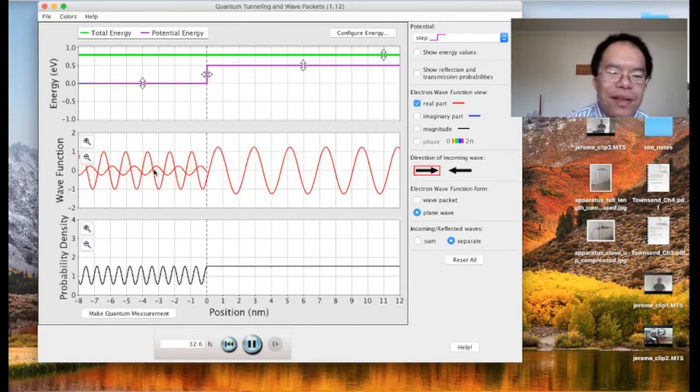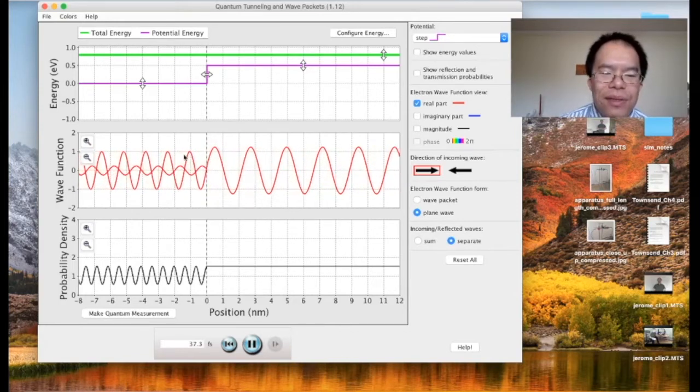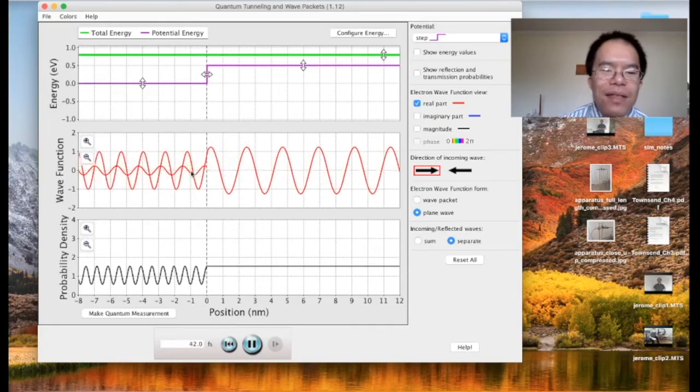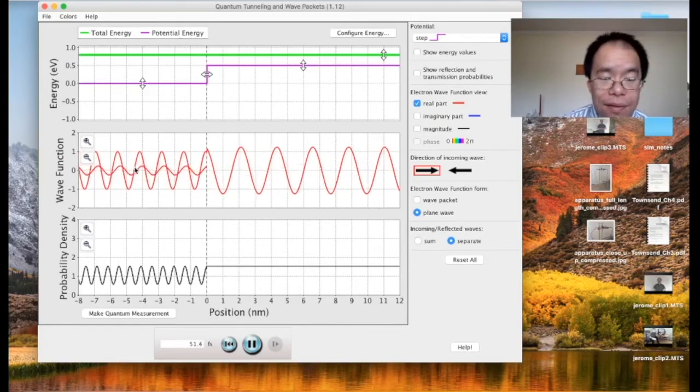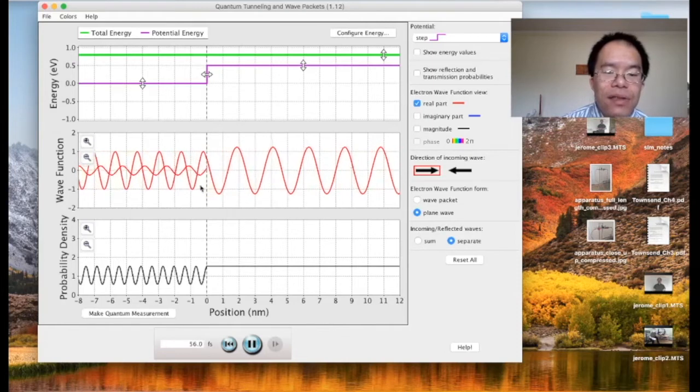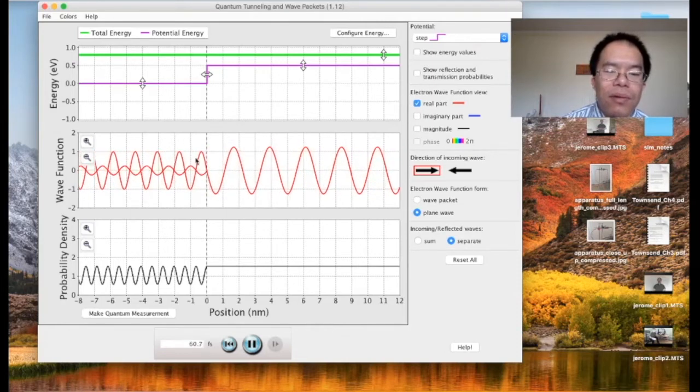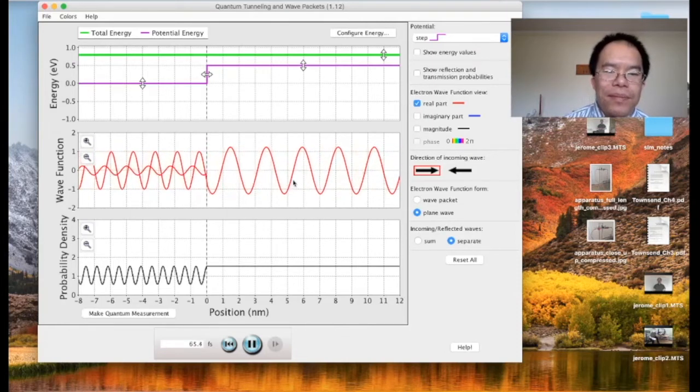So you've got your incident and transmitted portions moving to the right, and the reflected portion moving to the left. As we'll see, this turns out to be a pretty general property of wave behavior.